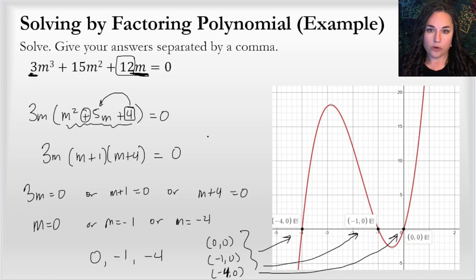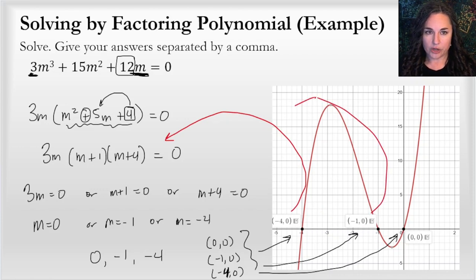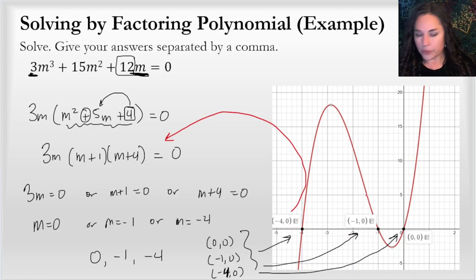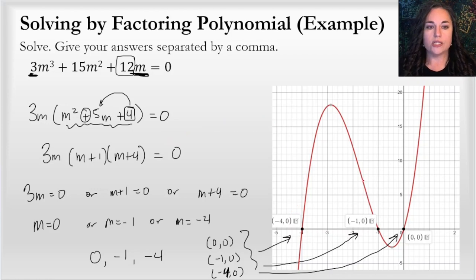And note that this factored form can be easily written if I know the x-intercepts. So hopefully what I'm highlighting is that when I factor it down, that tells me the x-intercepts. But if I look at the graph and I see the x-intercepts, I can write that original function on some level.